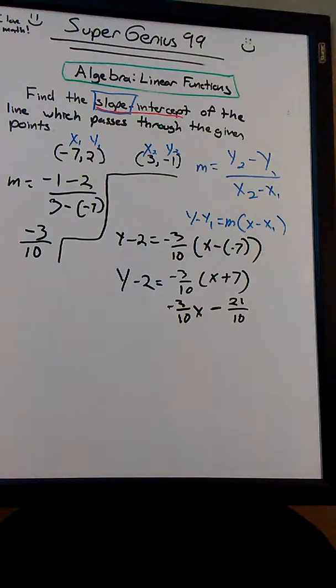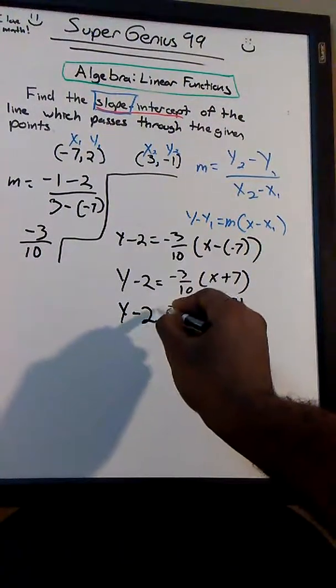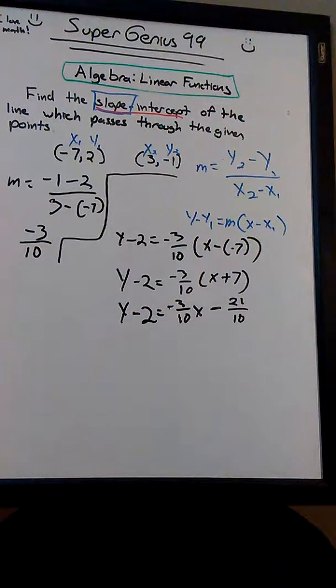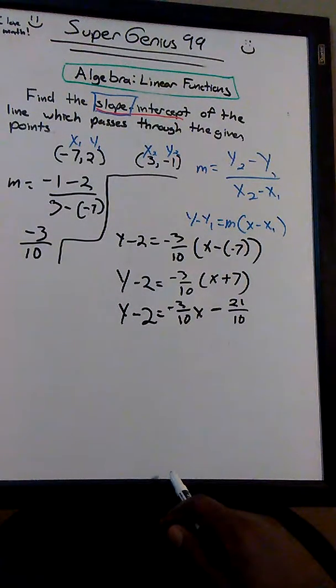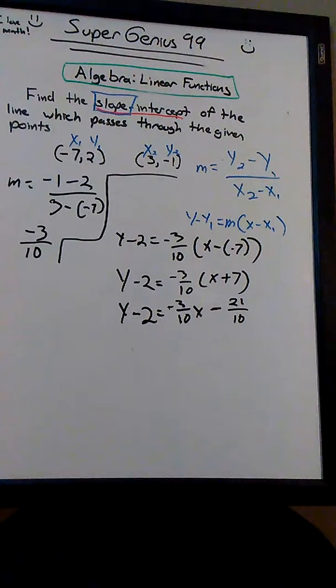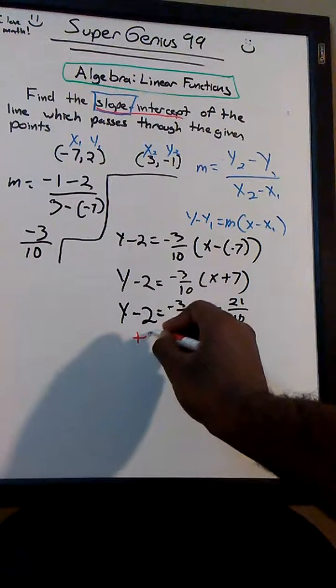Okay. So you got y minus 2. Okay, so since everything here has a denominator 10, how do you write 2 with a denominator of 10? Here I'm going to do plus 2.